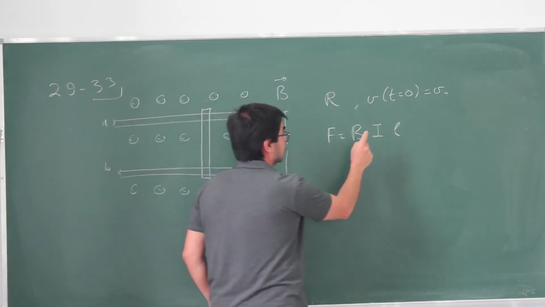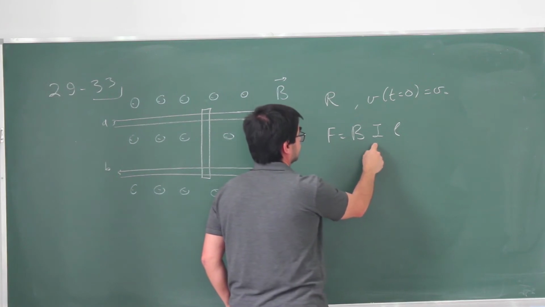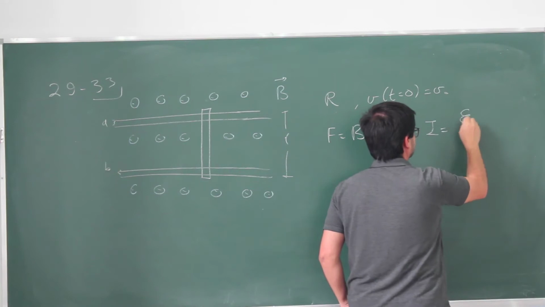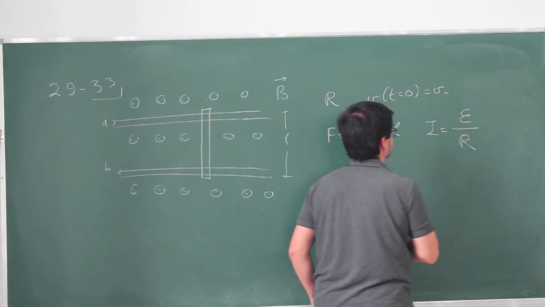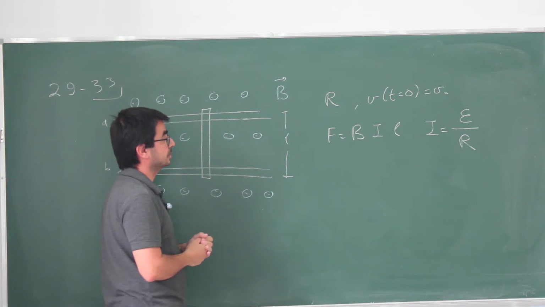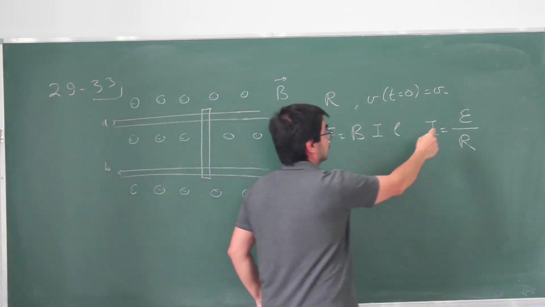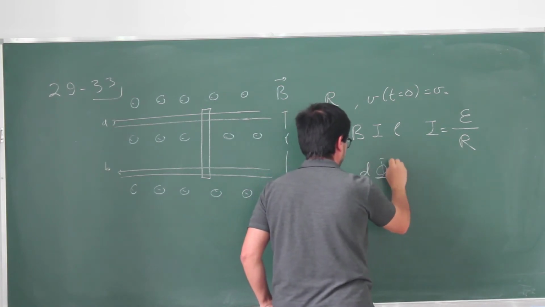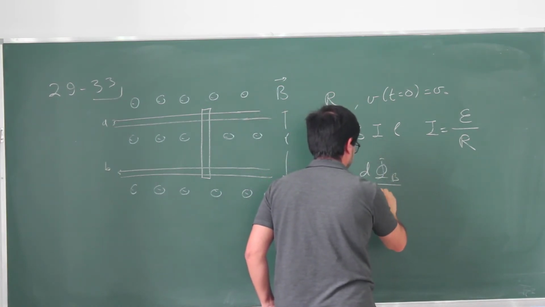Okay. So this current here is a result of the induced EMF in our circuit. So that current is going to be the induced EMF divided by the resistance of this rod. Remember, the rest of the rails has no resistance, so this is all the resistance we have. And this EMF is just the induced EMF, d phi B by dt.